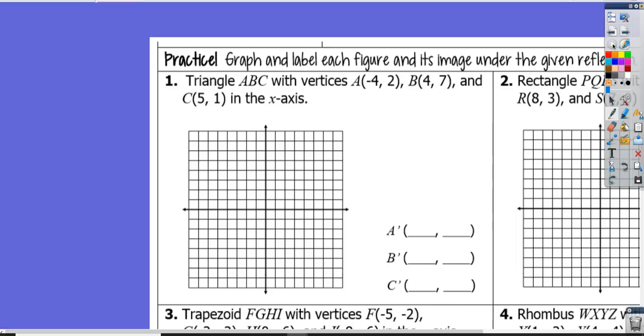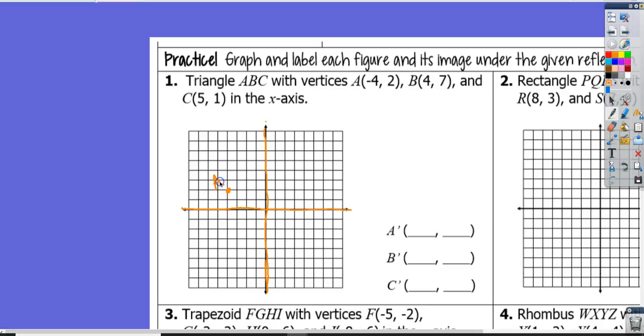Okay, so negative 4, 2. Here is my y-axis and my x-axis. I'm going to count over 1, 2, 3, 4, negative 4, and then up 2. So there's my first point.